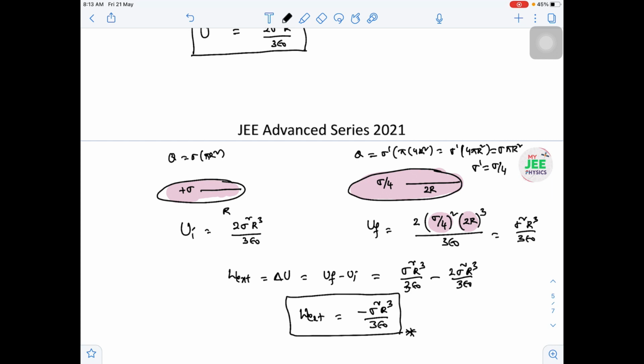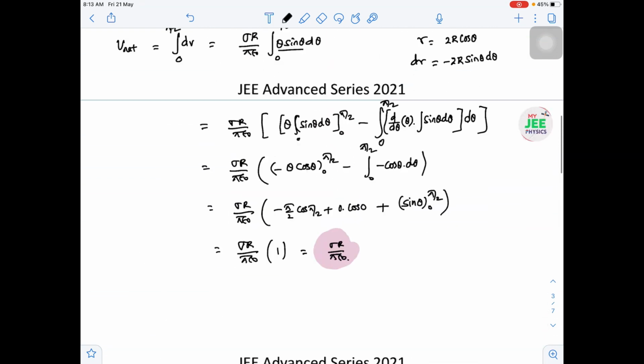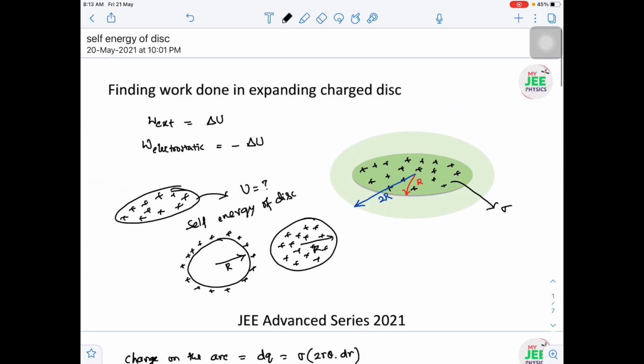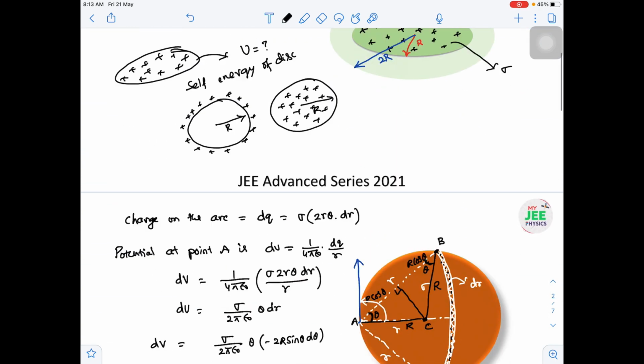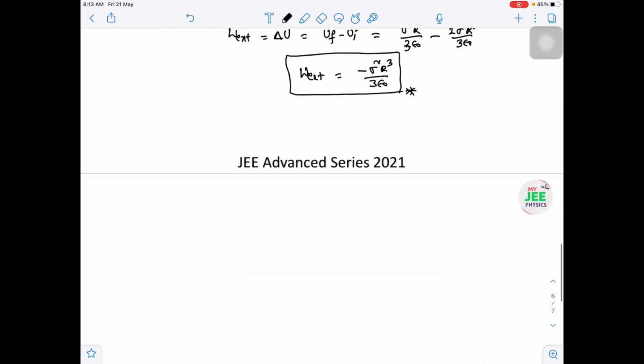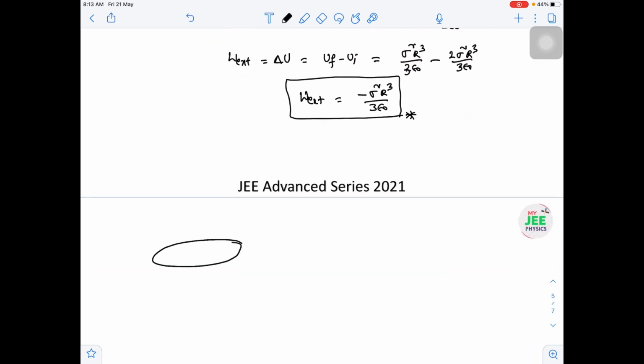It's very simple. If you forget all this mathematics and think logically, the disk is having the positive charge. Usually we take metals or conductors, which means we take solids, and we are keeping the charge on the disk. All these charges will repel each other. As they repel each other, they are in a mode of expanding themselves.